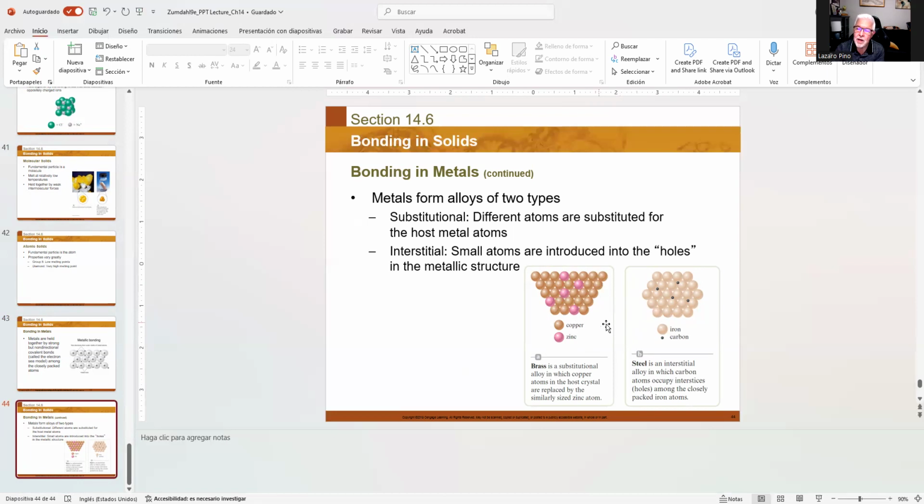And also in the holes among the cations of the metal, in this case iron, you can have in the interstitial places, for example, carbon. This is steel. Steel is an alloy of carbon and iron.